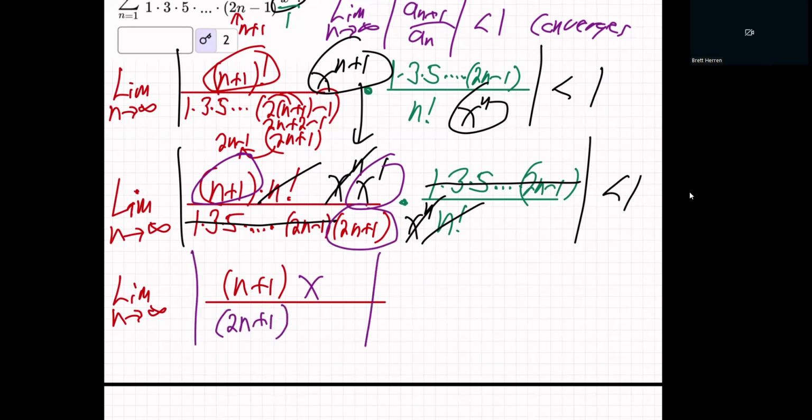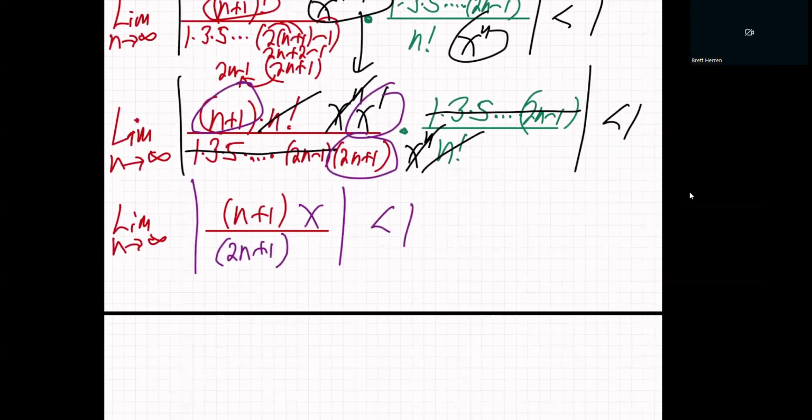Absolute value, less than 1. Now when I go to infinity, what's going to happen with this part? When you go to infinity, all that matters is the most powerful term on the top and the most powerful term on the bottom.